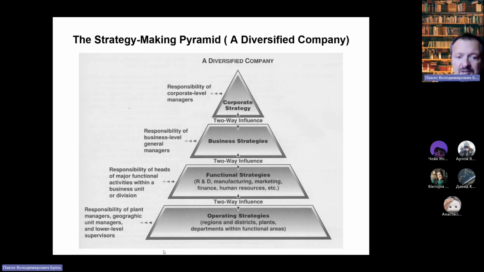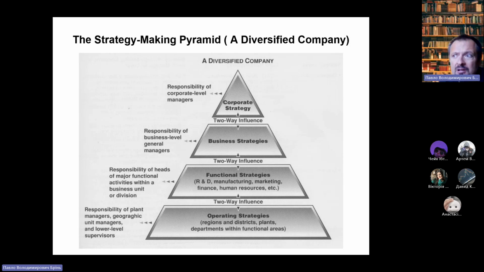And the last but not least, operating strategies: an operating strategy, in singular, let it be, is a strategy of some part of the company. It is a strategy for a department, for some piece of the company. If it is a production company, it could be a shop, for example, of the company, etc.